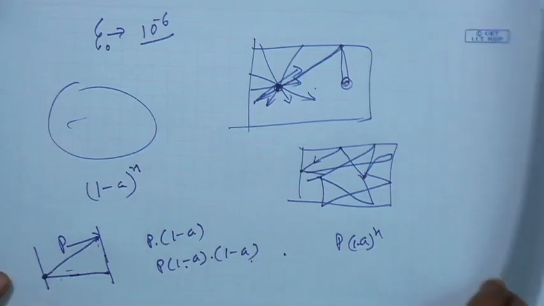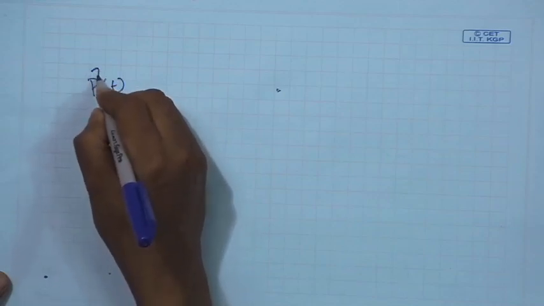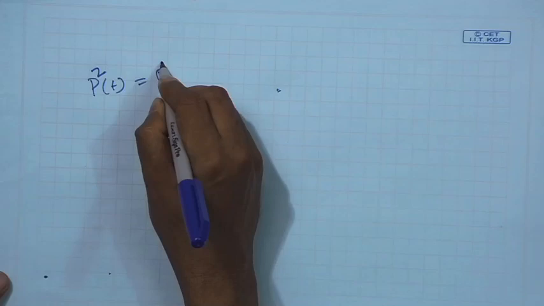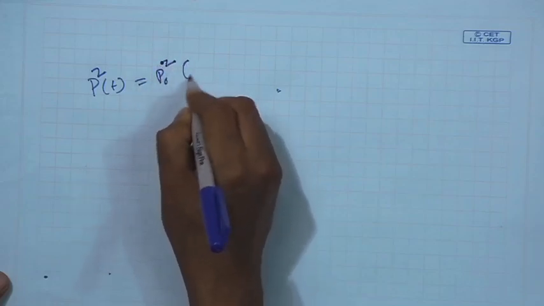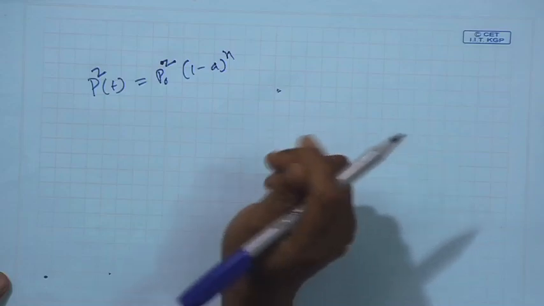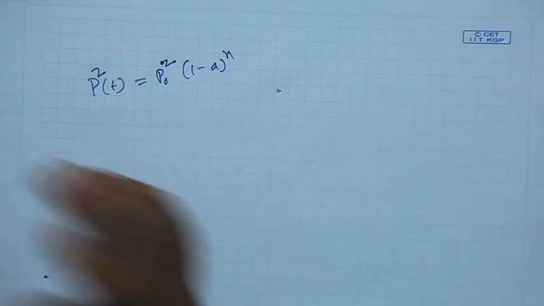Okay. So, after n time reflection, what is P square t? After n time reflection, P square t is nothing but P 0, which is the initial power, square into 1 minus A to the power n. The power is also the same as the intensity, which will be absorbed by A times 1 minus A. Okay.